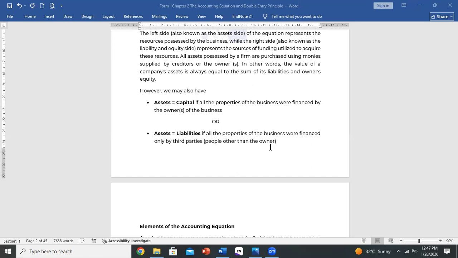So when you are defining assets, after saying that it is a resource that is owned and controlled by a business, you should add that economic benefits flow to the business from this resource. Or you can say used to generate income or revenue. That makes it an asset.